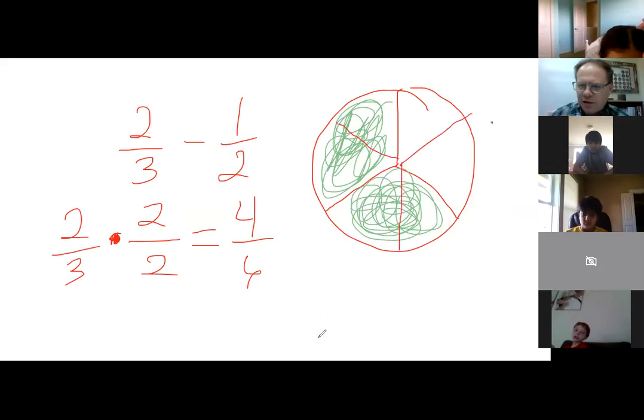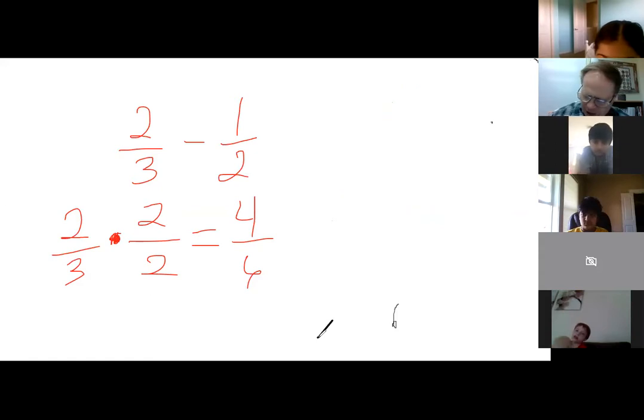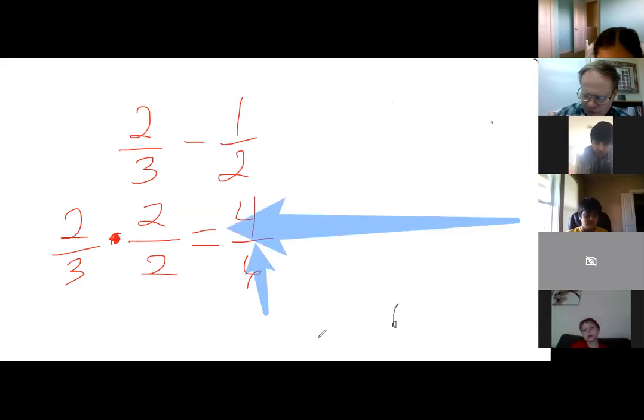Now how many sixths are there? You've got 1, 2, 3, 4 sixths. So it's the same thing, just looks different. Okay? All right. So with that being the case, you're going to change them both to 6 because that's your lowest common multiple, lowest common denominator.